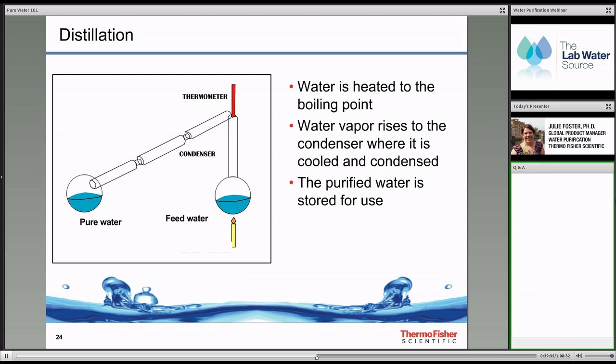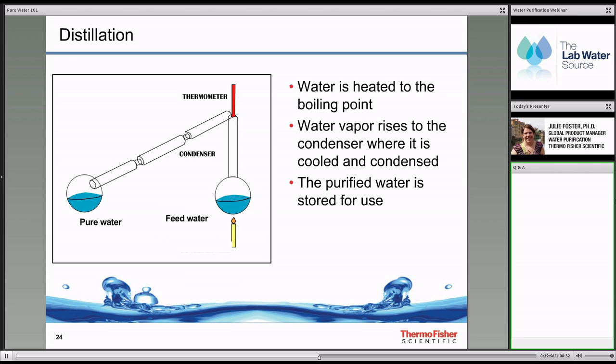The solid ionic materials, particulates, microbes, all of the dissolved organic materials stay behind in the heating vessel, and the pure water vapor rises, enters the condenser, and then changes its phase from vapor back to liquid so that you have purified water in the collection vessel there.